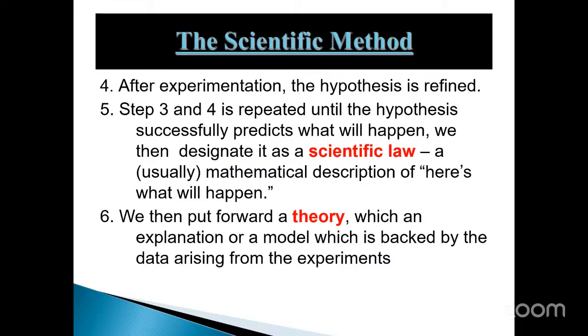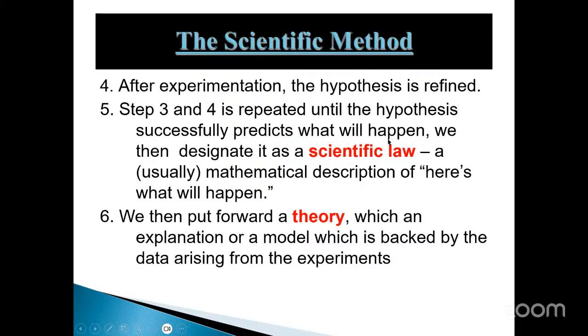And the answer is that we basically go back to the hypothesis and either change it or replace it with a new hypothesis. And then you carry out further experimentation to test the new hypothesis. And this back and forth will take place between the hypothesis and the experimentation. So as stated here, steps 3 and 4 will be repeated until the hypothesis successfully predicts what will happen.